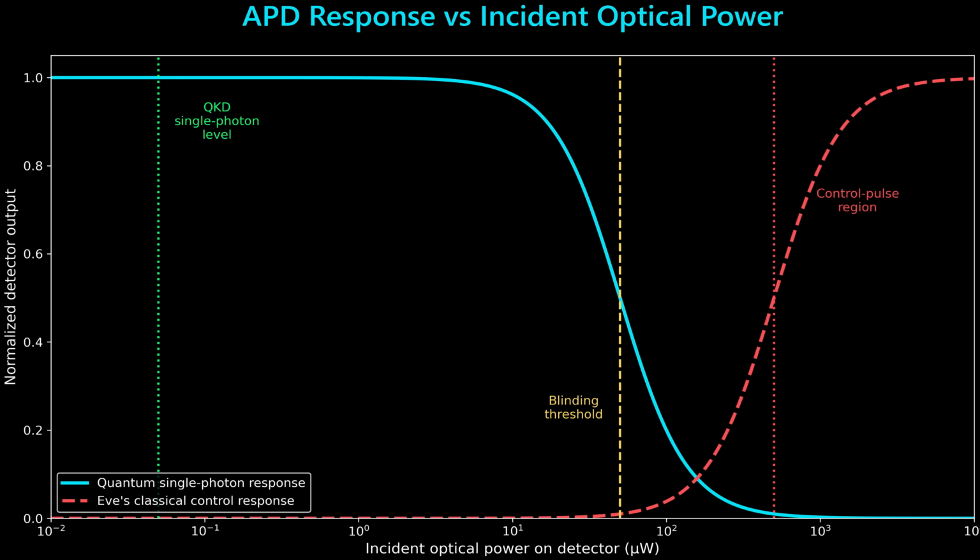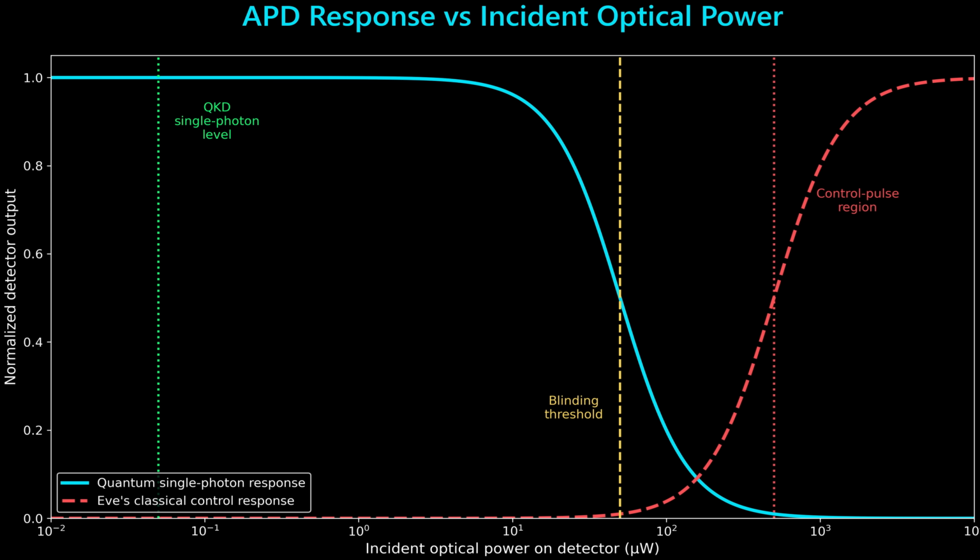If Eve tunes the amplitude of her classical pulses, she can force the detector to fire only when she wants it to, and only in the basis Bob has selected. This is the red dotted line labeled Control Pulse Region. It marks the power levels where Eve gains full deterministic control.